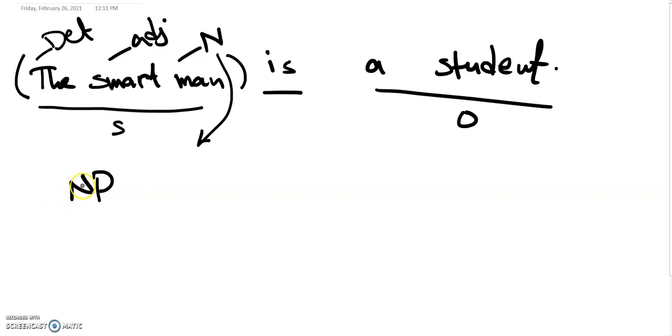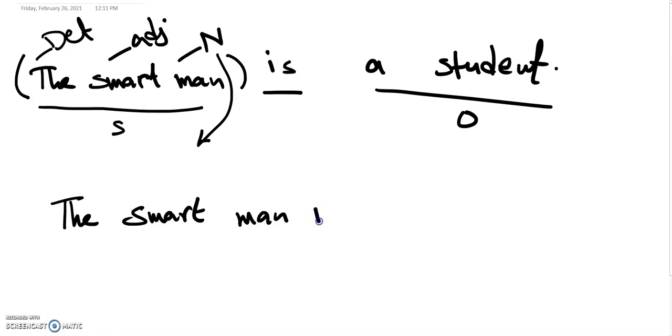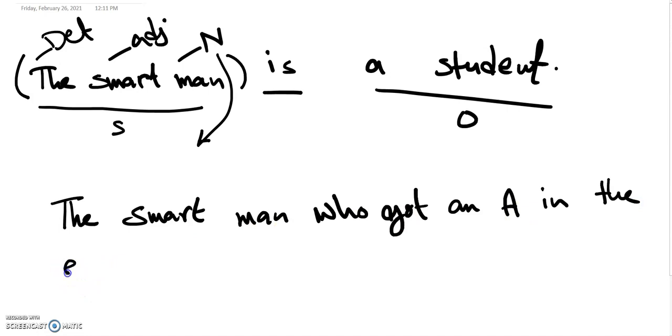Now, instead of the smart man, I'll expand this subject by more words. Like when I say, for instance, the smart man who got an A in the exam is a student.